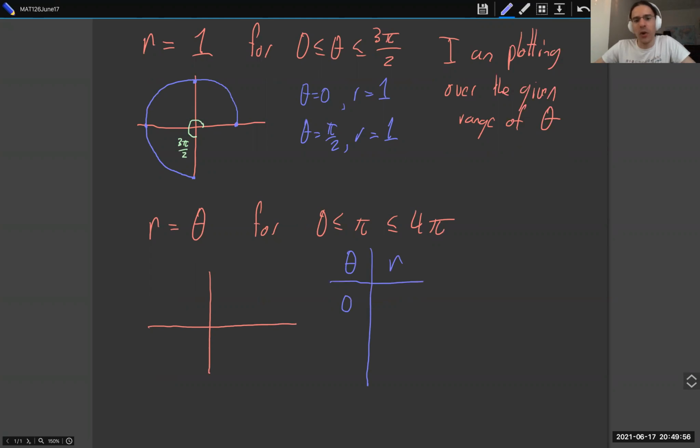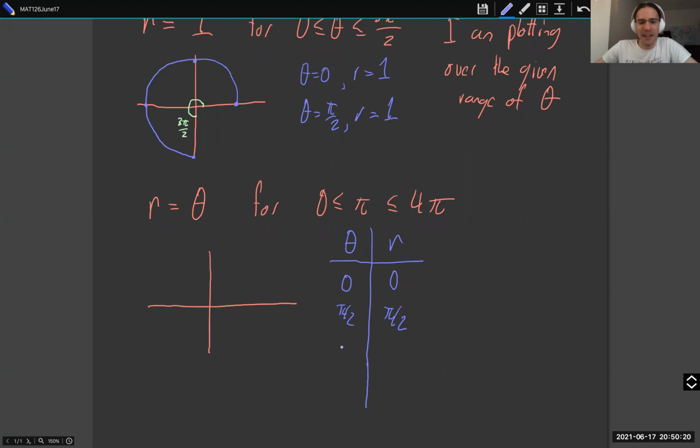Theta is equal to 0, r is equal to? Well, look, what's the equation? Oh, 0. Yeah. At pi over 2, I get pi over 2. Yeah, it's just the identity function. And so if I continue this, at pi, I get pi, and then at 2 pi, I get 2 pi. And at 4 pi, I get 4 pi.